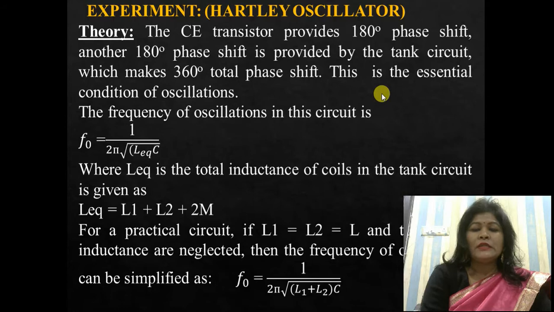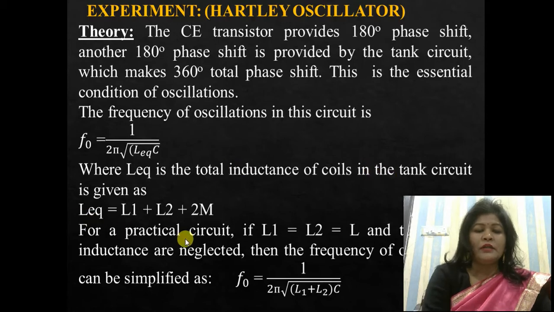This is the essential condition of oscillation, and how do we calculate the resonant frequency, or frequency of oscillation, in this circuit? The formula to calculate the oscillation frequency in the Hartley oscillator is 1 upon 2 pi root under L equivalent into C. Here L equivalent is equal to L1 plus L2 plus 2M, where L equivalent is the total inductance of the coil in the tank circuit.